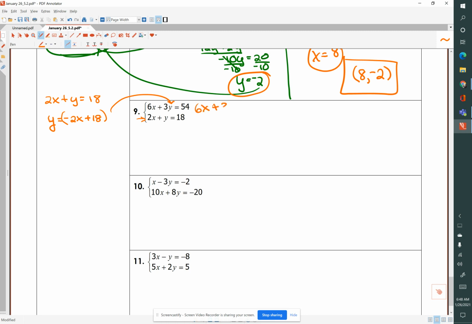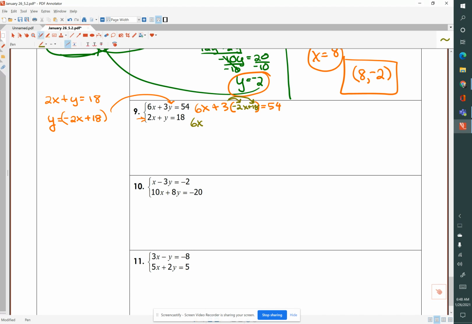6x plus 3, leave room there for our y value, equals 54. And our y is negative 2x plus 18. And we will need to distribute. 3 times negative 2x is negative 6x.